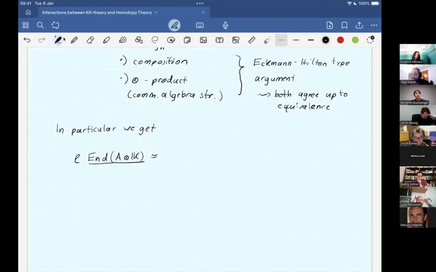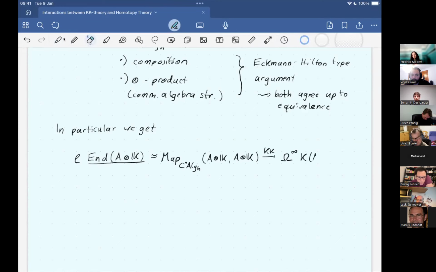This is equivalent to the mapping space in C star alg H from A tensor K to A tensor K. Then I can apply KK and end up in the infinite loop space underlying KK A.